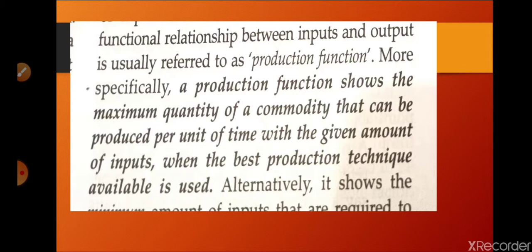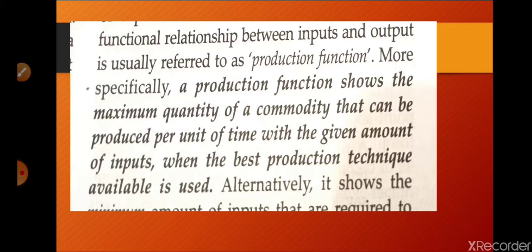So the production function decides the maximum quantity that should be achieved by a producer by using inputs in the best way or with the best technique available. That is known as the production function. It tells the relationship between the factors of production and output.